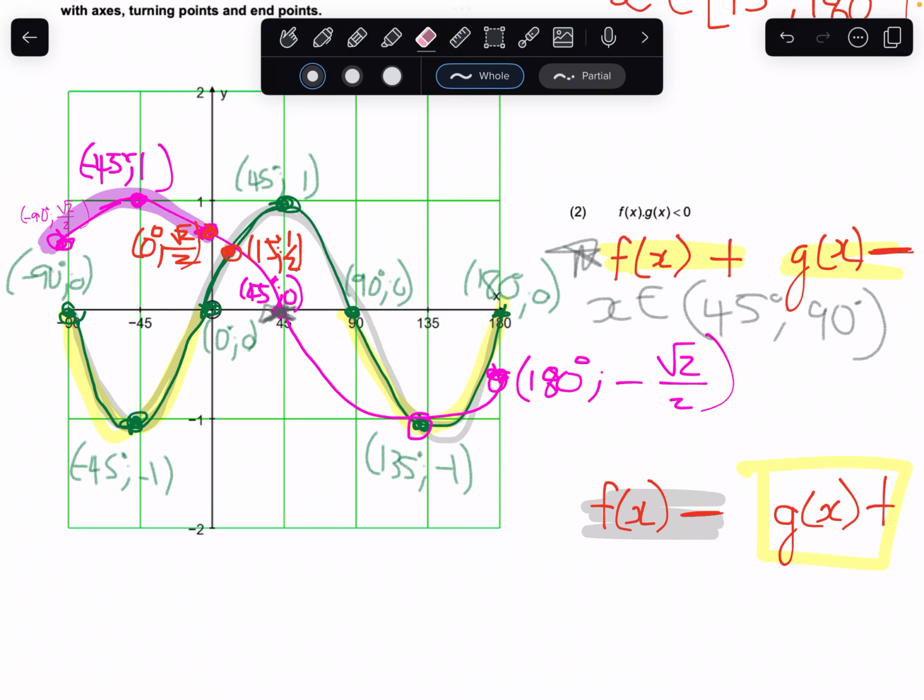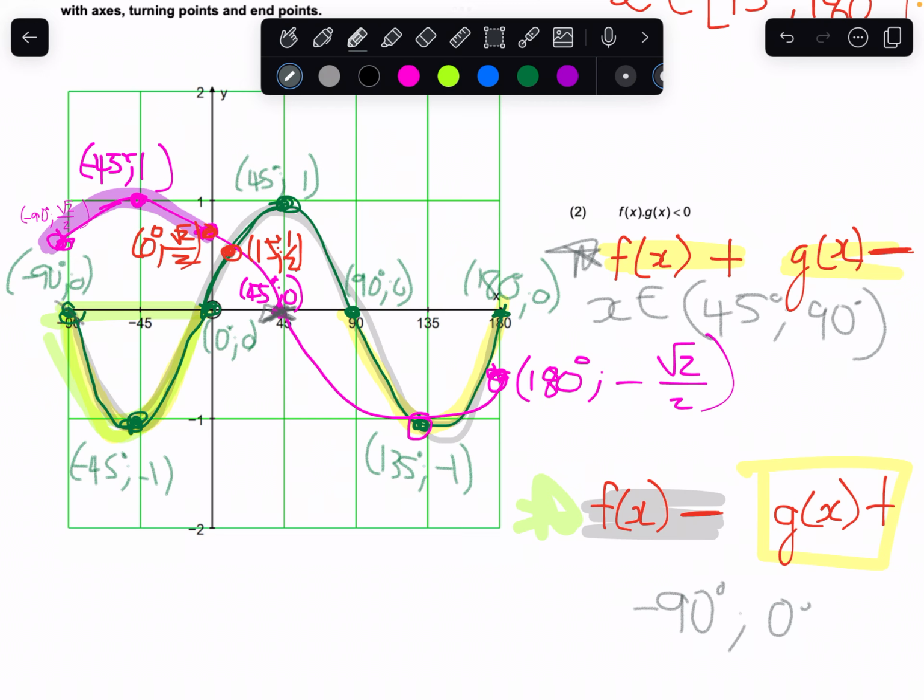So this over here is the only interval where this condition is met, f of x negative and g of x positive. So let's just write that algebraically. That will be from minus 90 degrees until 0. Then let's see what's happening at the boundaries.